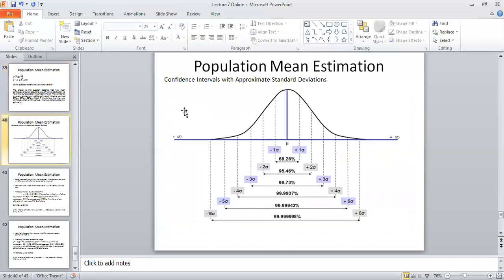And using this empirical rule, or the basic rules of the normal distribution, as you can see from the graph here as well, by 68% approximately we mean a plus minus 1 sigma interval, or the z value corresponds to plus minus 1.